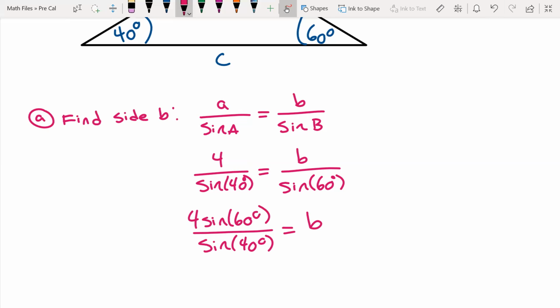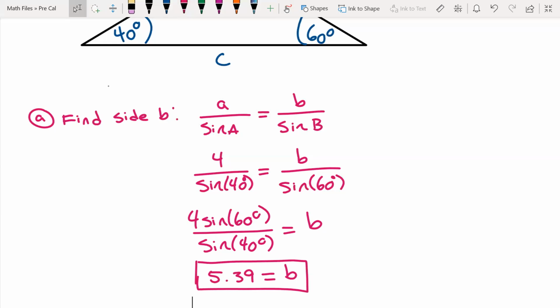Good. So I'm going to type this in. 4 sine of 60 over the sine of 40. And we get that side B to 2 decimal places is 5.39.